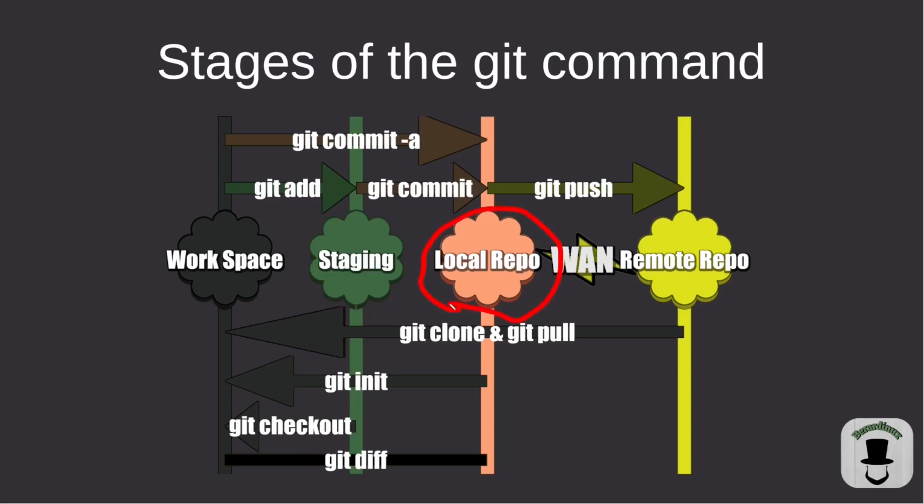Once it goes to your local repository, it's still not going to update GitHub, but your local repository is up to date. It's going to be inside of your logs, and you're going to be able to go back to a previous version. It's just inside your local repository. To update the external repository, you're going to have to push that commit that you just did, and I'll be showing you that inside of the terminal.